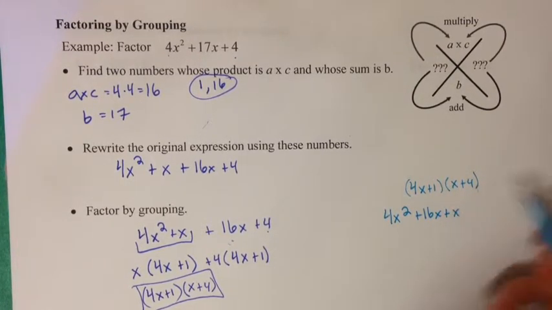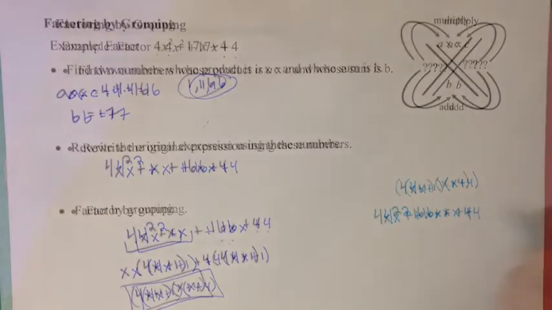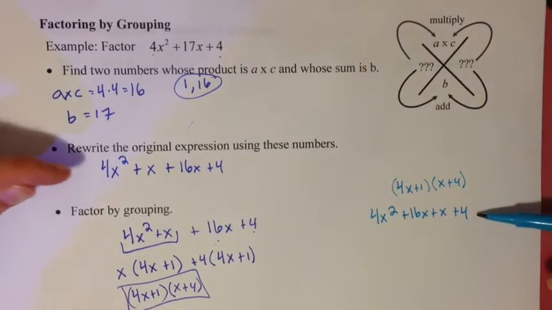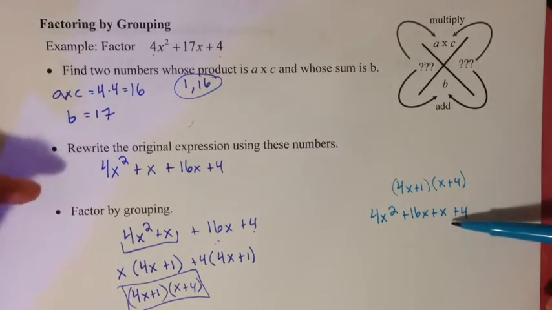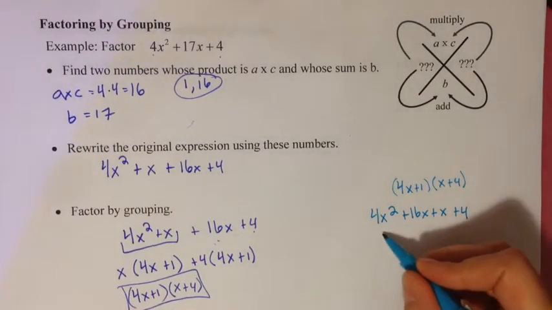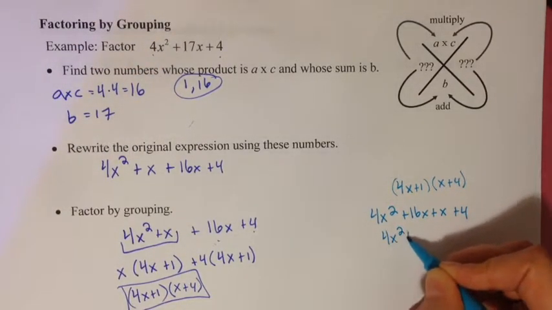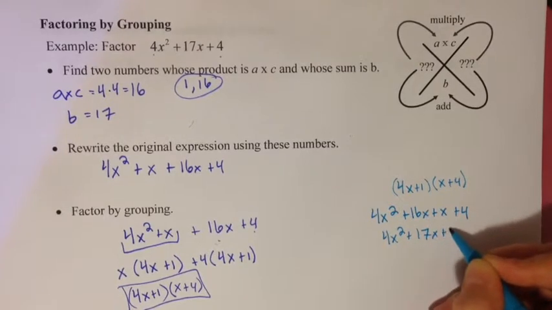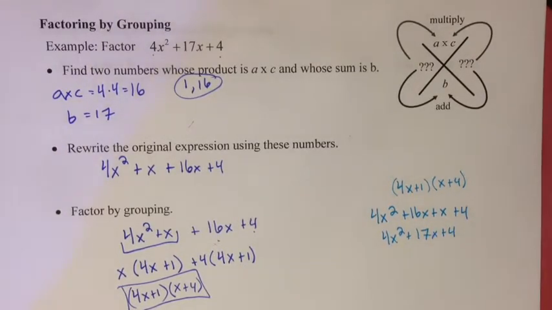And then finally, my last term gives me a plus 4. Notice that now we're back at this spot where we uncombined like terms. In order to finish simplifying this, we're going to combine these two terms to get that 17x. 4x squared plus 17x plus 4, which sure enough is the thing that we started with.